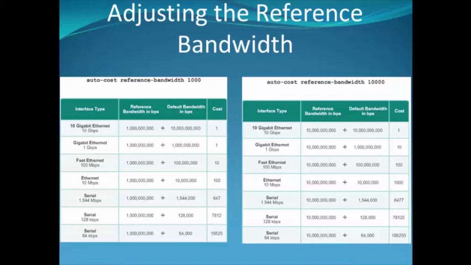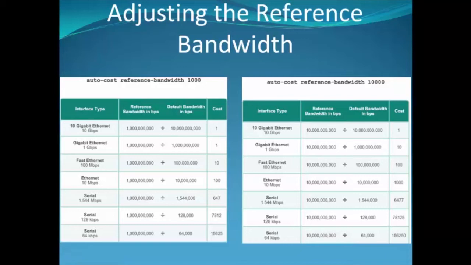While this calculation works for Fast Ethernet interfaces, it is problematic for links that are faster than 100 megabits per second, because the OSPF metric only uses integers as its final cost of a link. For this reason, from the OSPF perspective, an interface with a bandwidth of 100 megabits per second has the same cost as an interface with a bandwidth of 100 gigabits per second.